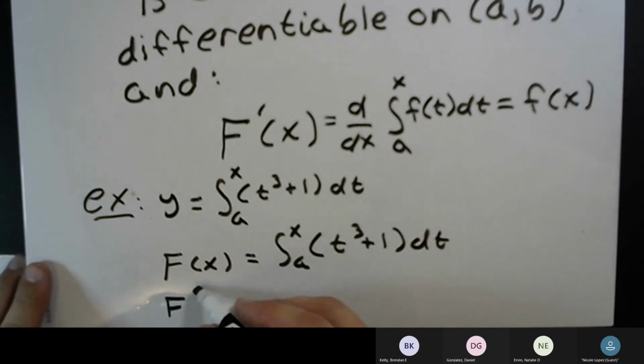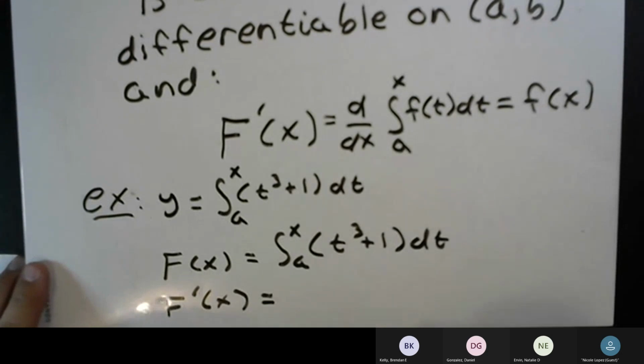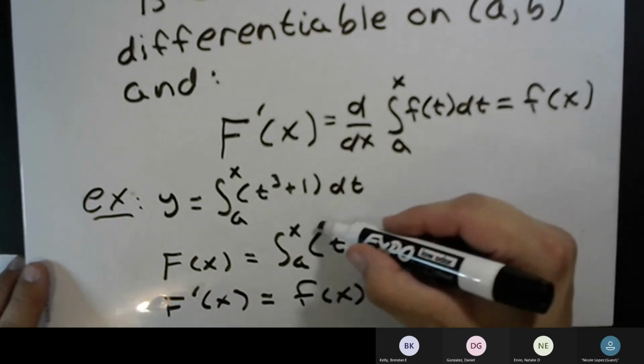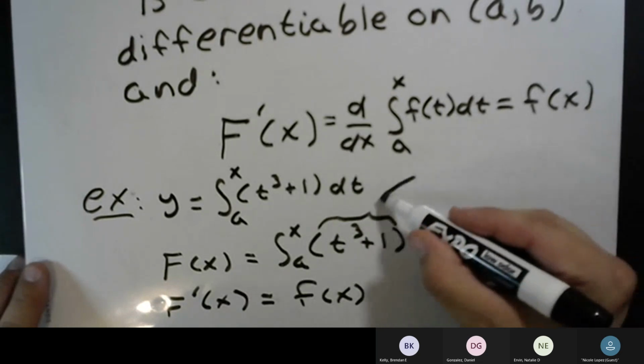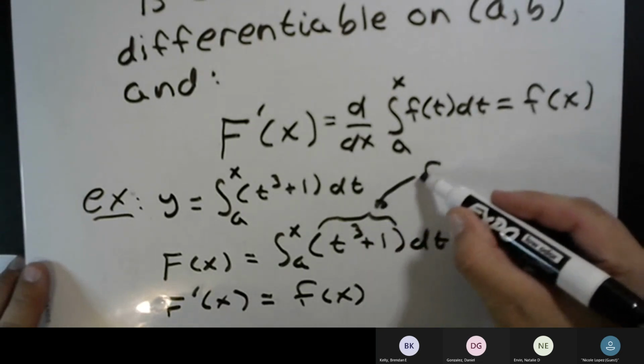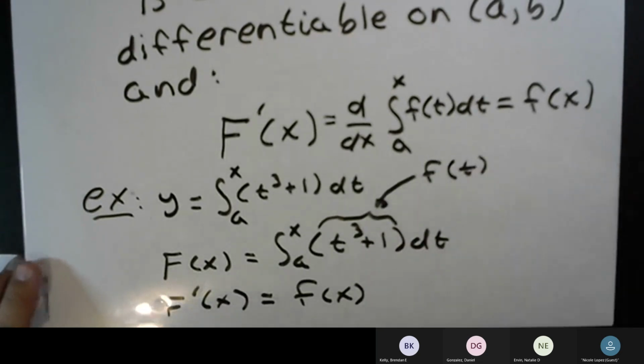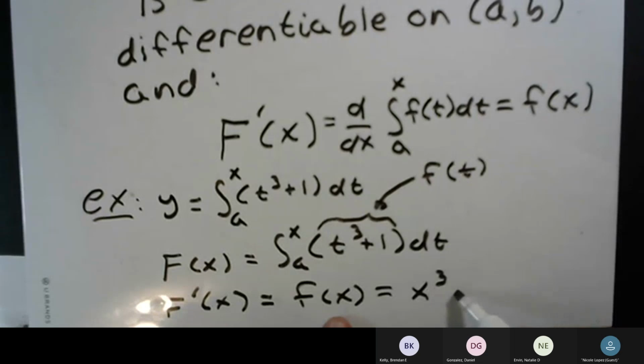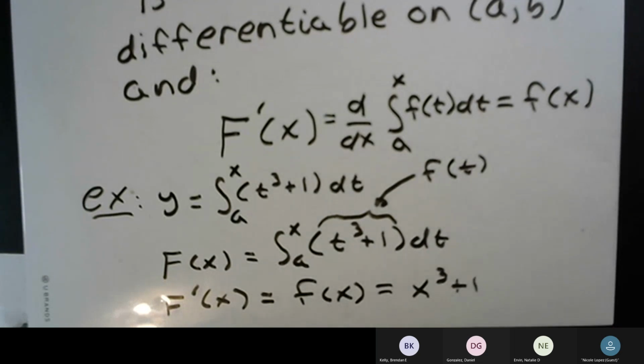Or f prime of x, we take the derivative, will be f of x. Because in here, this is our f of t. So now if we take the derivative, we swap t for x, we get x cubed plus 1.